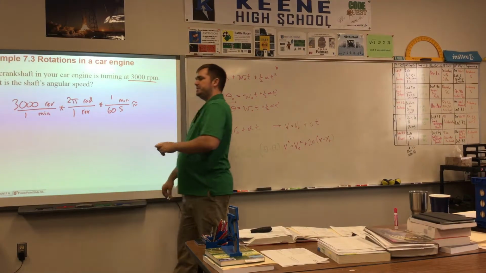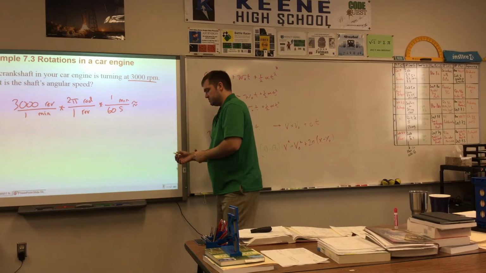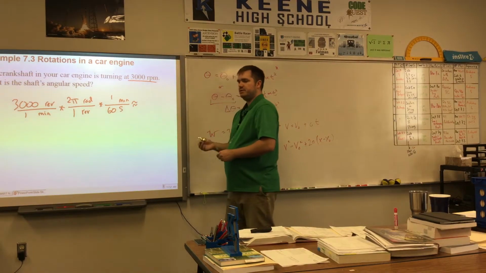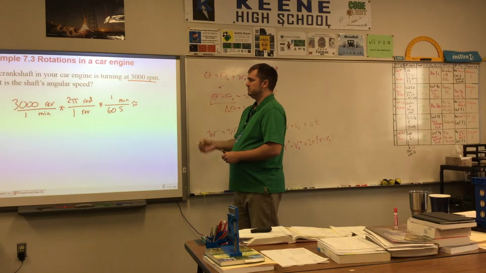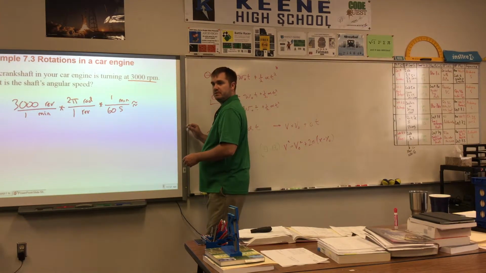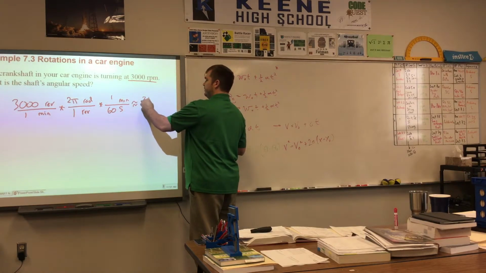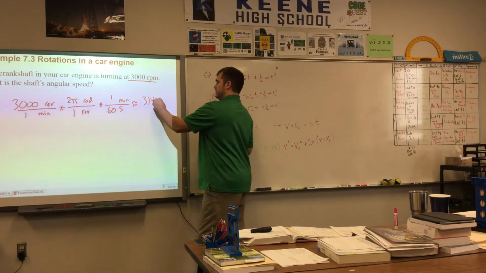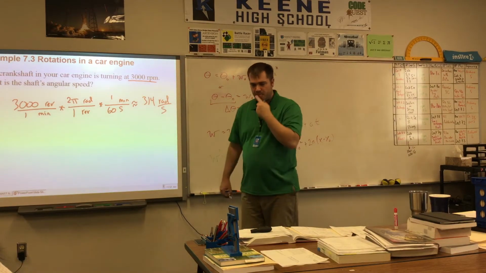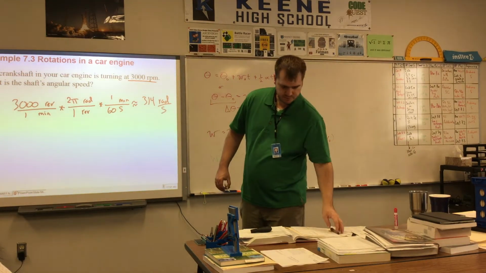Go ahead and give me 1 digit after the decimal. Or in fact, just round to the nearest whole number would be fine. 314. Radians per second. That's not too bad at all, is it?